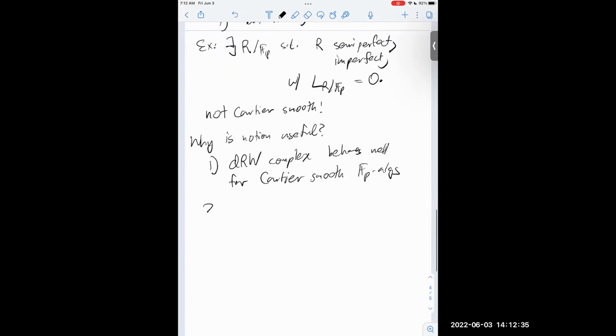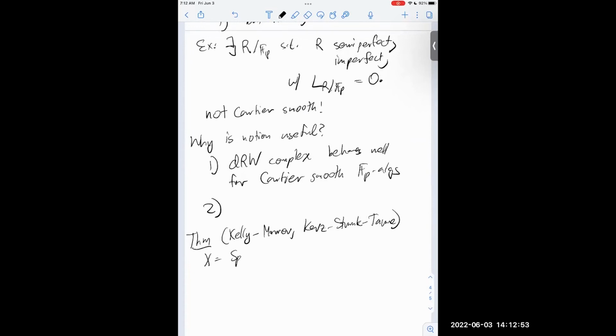And then two is that there's a nice description of the syntomic complexes of Cartier smooth FP algebras. This is a theorem, again in Kelly, Morrow, and Kurtz Strunk-Tama.